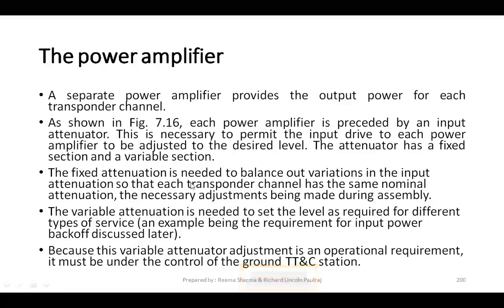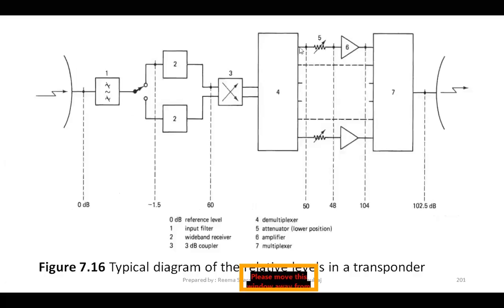Because this variable attenuator adjustment is an operational requirement, it must be under the control of TT&C. So we will have control of these attenuators in the ground station. TT&C is telemetry, tracking, and control.